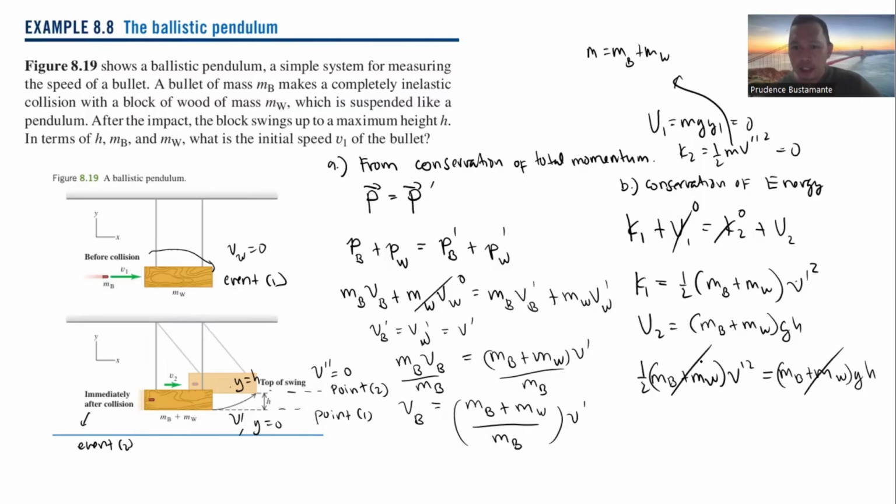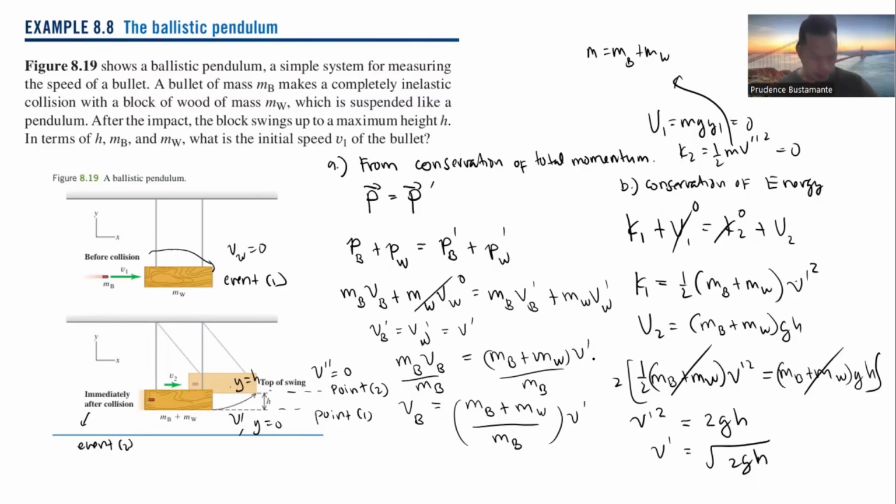We can multiply both sides by 2 and cancel the mass. So we have v prime squared equal to 2gh, where v prime is equal to the square root of 2gh.